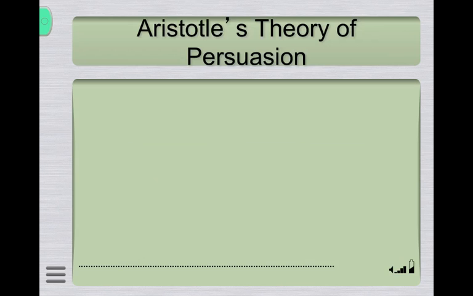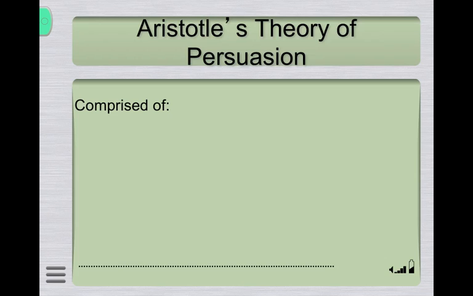The next thing is Aristotle's theory of persuasion, and I'm sure most of you have heard about this. He was an ancient Greek philosopher, whose specialty was rhetoric, actually, which is just the language in which we talk about things, how we process information, how we learn. But his specific area was in persuasion.